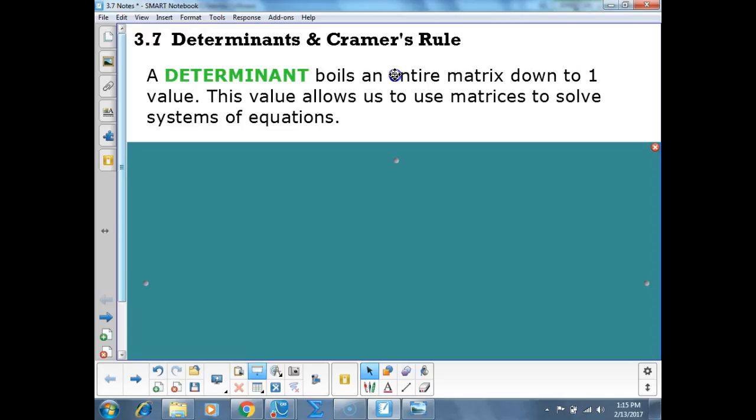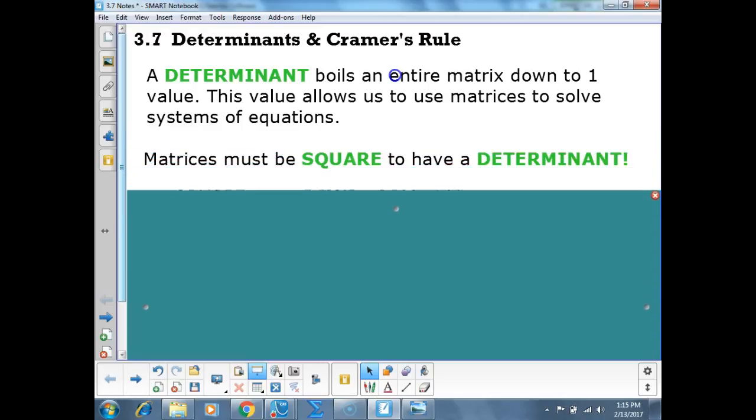So, a determinant has one special condition. And that is that if the matrix has a determinant, the matrix has to be a square matrix. If it is not a square matrix, it does not have a determinant.